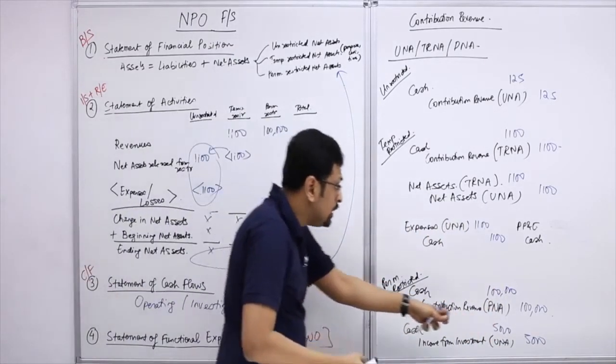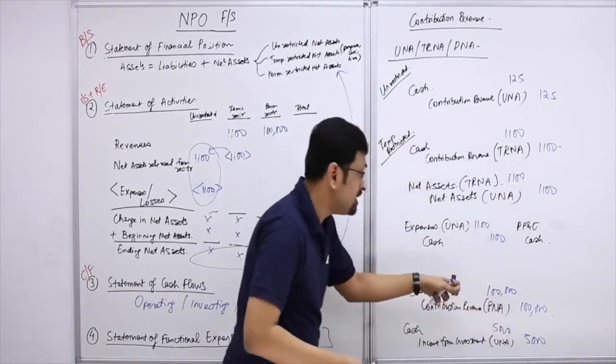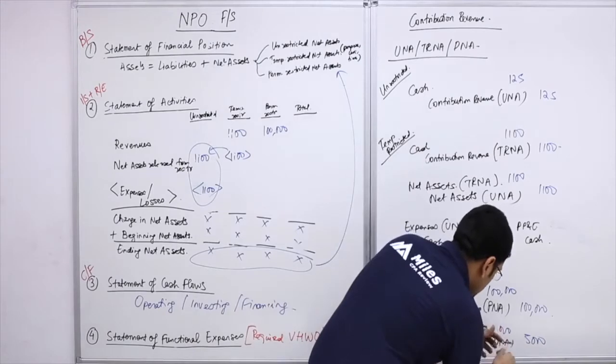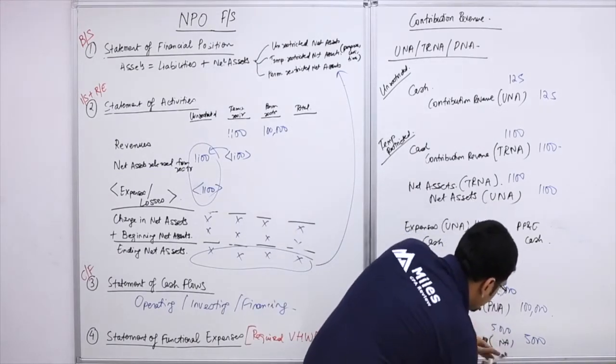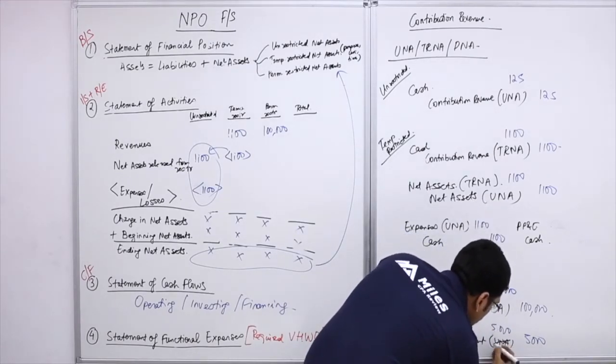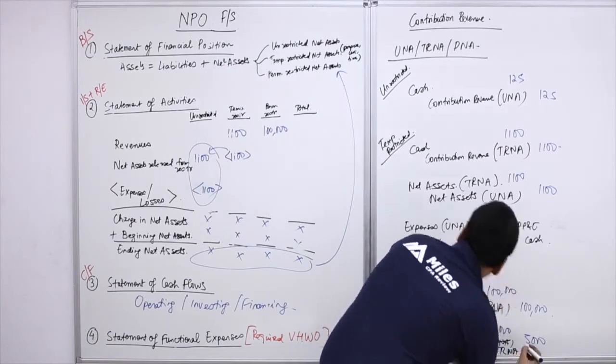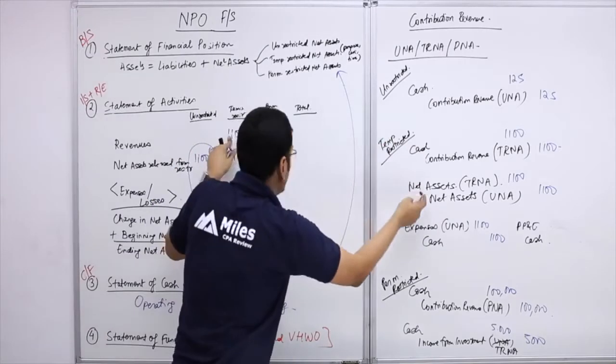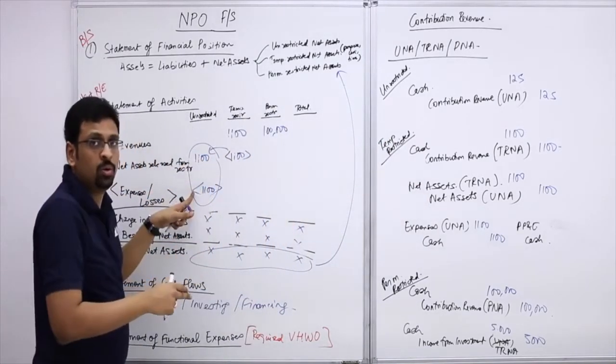If they say use the interest that you get from this investment only for cancer research, then this becomes TRNA. Instead of UNA, we'll have TRNA. Instead of going into this column, it'll go into this column. And then again, you would have to release it from restriction, spend it out.